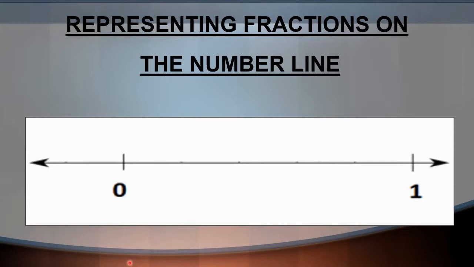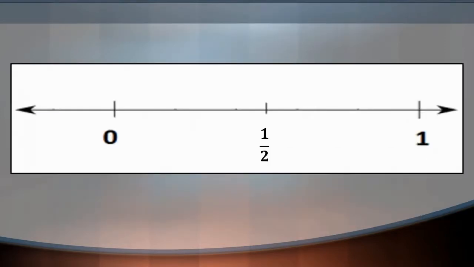The digits 0 and 1 are represented on the number line. We have to divide one part into two as shown in the figure. What value does the midpoint hold? Yes, definitely the midpoint holds half value. So here you can see half in between 0 and 1.